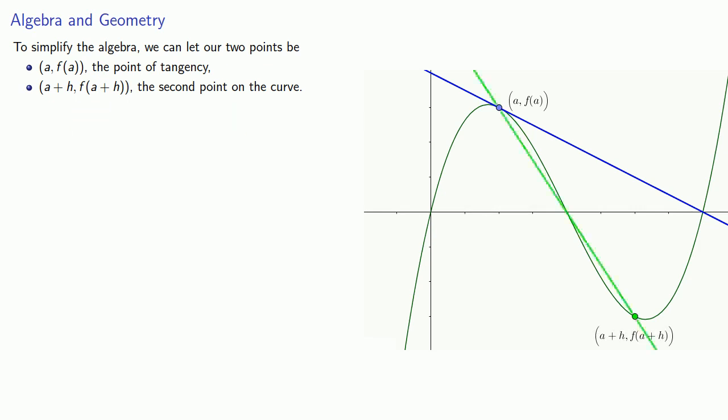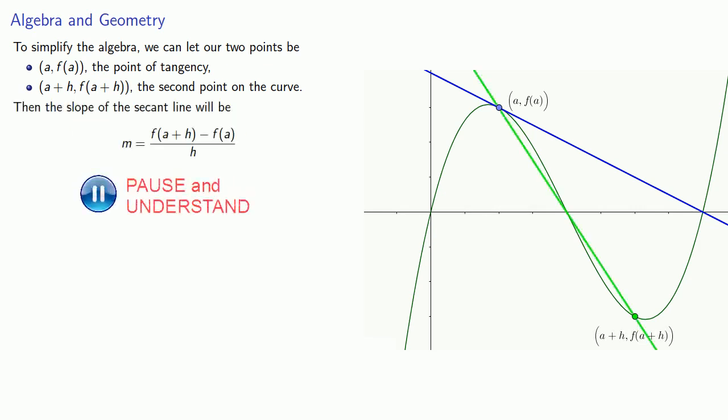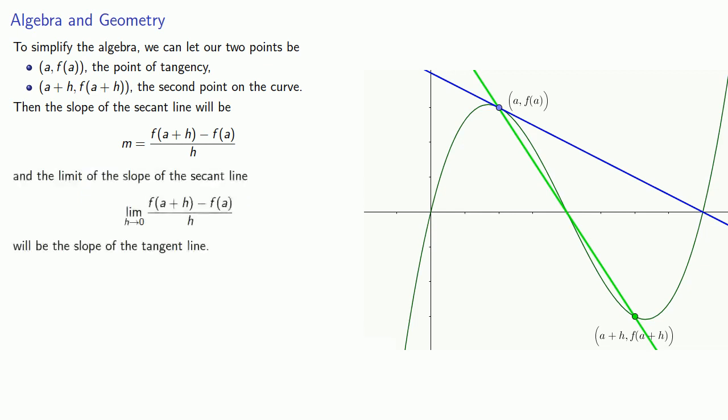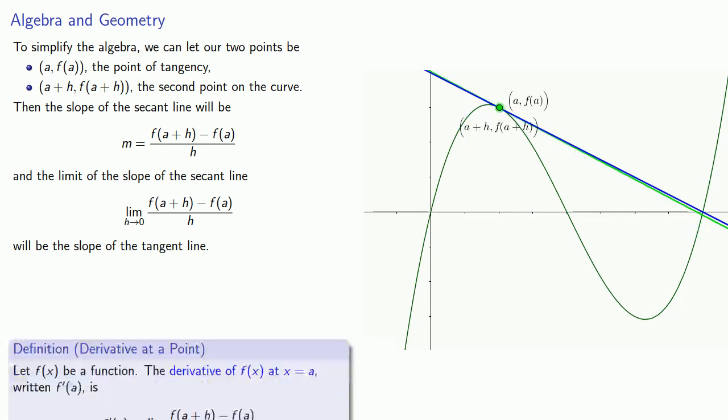Then the slope of the secant line has a nice form, and the limit of the slope of the secant line, as h goes to 0, will be the slope of the tangent line. And this is what we now call the derivative at a point.